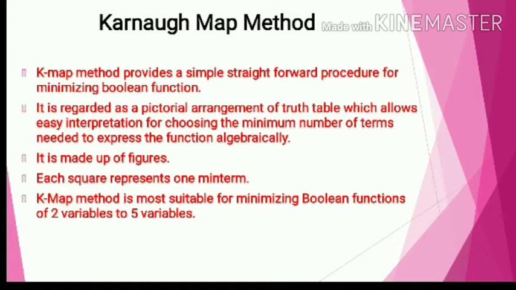It is made up of squares. Each square represents one minterm. This method is most suitable for minimizing Boolean functions of 2 variables to 5 variables.